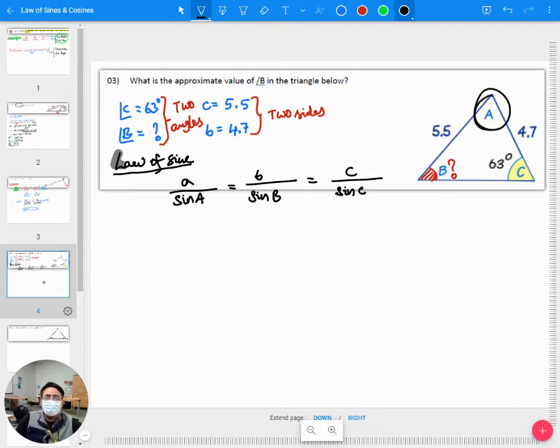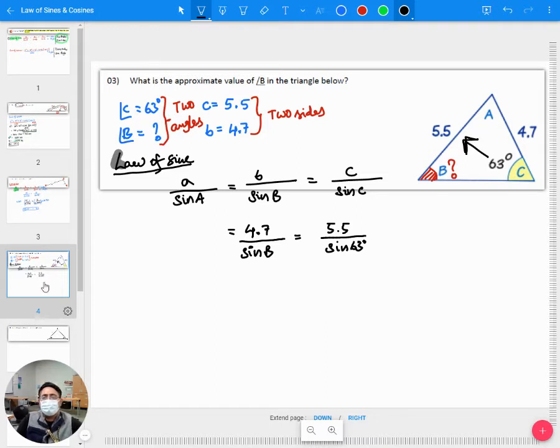By the way, angle A is not known and its opposite side is also not known. So let me not consider that. Angle B is not known, but the opposite side to angle B, I know the value. So the side is 4.7 over sine B, which means I don't know the value of the angle. Then c, the side opposite to angle C, is 5.5 over sine C, which means sine 63 we have to take.